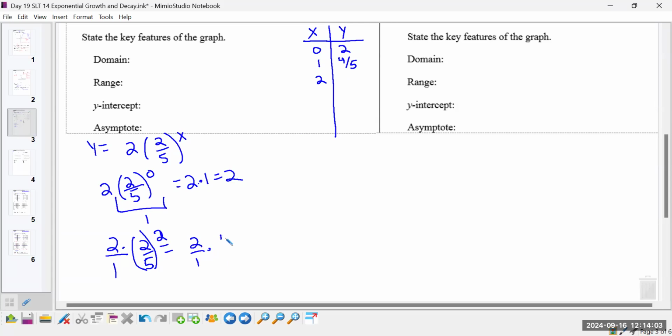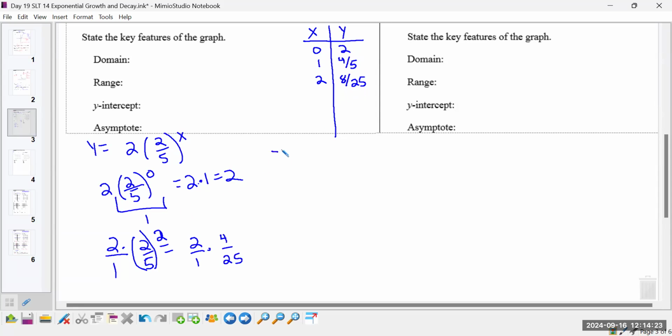Square the 2/5, we get 4 over 25. So we get 8 over 25. And as I raise that power, it's going to get smaller and smaller and smaller. 4/5 is like 0.8. 8 over 25 is significantly smaller.